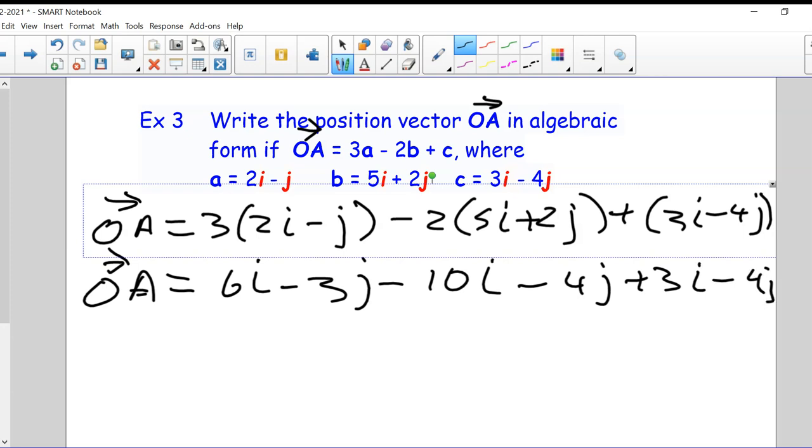And of course, I would put all of my like terms together. So that's minus 10 plus 6 plus 3, which is minus 1 for i, and then minus 3 minus 4 minus 4, which is minus 11 for j. So the final OA vector, the final position vector, is going to be minus 1i minus 11j. That's all it is.